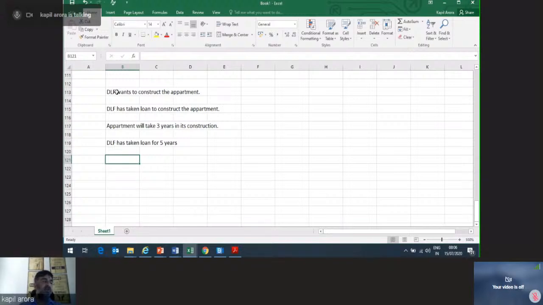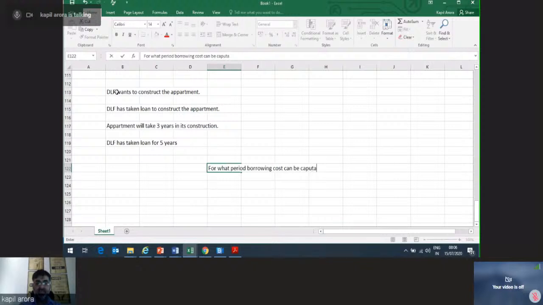DLF taken loan for 5 years. Now, for what period can borrowing cost be capitalized? For how long can borrowing cost be capitalized in this case? Can borrowing cost be capitalized for 5 years?